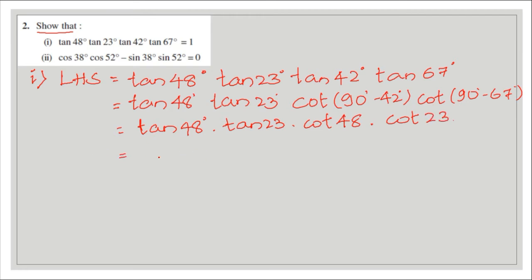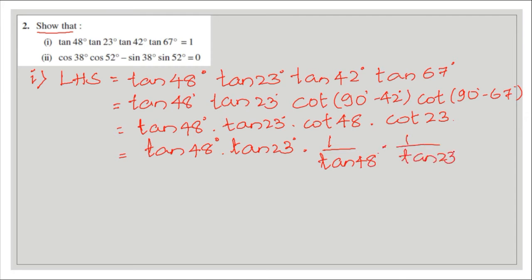If you remember and recall, tan and cotangent are reciprocal relations. So I'll write it as tan 48 degree into tan 23 degree multiplied to, instead of cot, 1 by tan of 48 degree into 1 by tan of 23 degree.